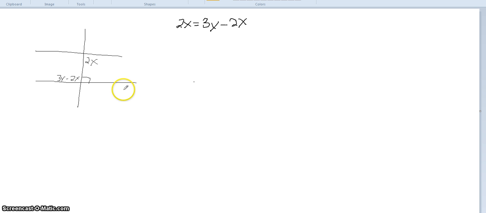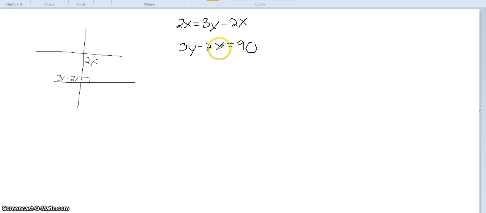So then we have to think about, well, we know this one's 90 degrees, so what's this one going to be? Well, they form a line, so they add to 180. If this side takes up 90, this side has to be 90. That tells us that 3y minus 2x has to equal 90.